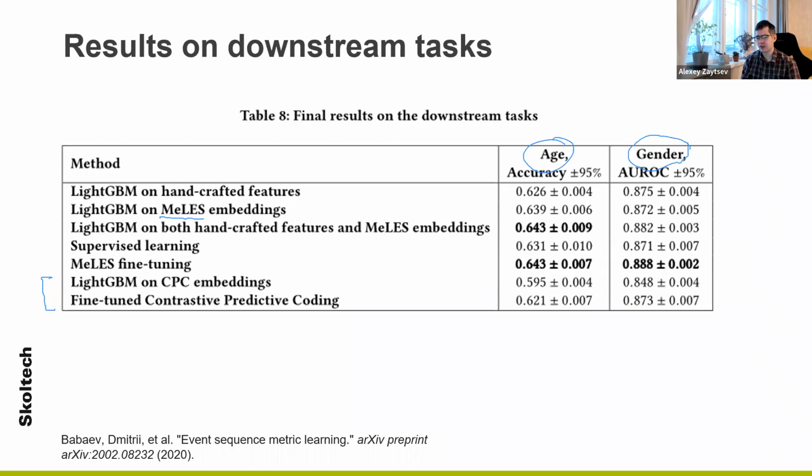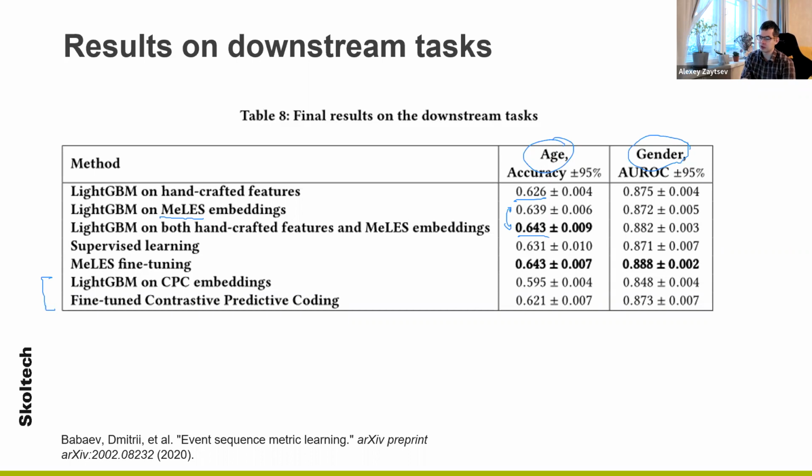And as we can see, MLS provides better results. And also what is maybe more important is that when we compare handcrafted features and add to these handcrafted features MLS embeddings, we have improvement. And so we say that, okay, it's quite a good idea, quite a good thing to do.